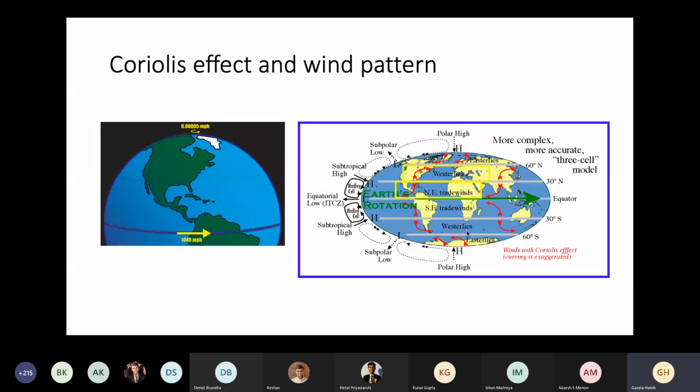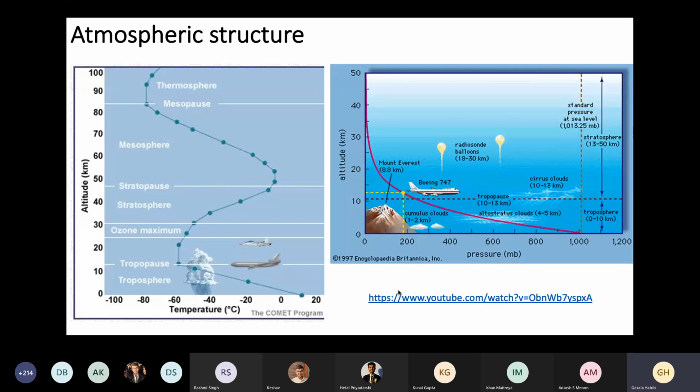Is that clear now? This effect is known as the Coriolis effect. That is how the large scale movement takes place.